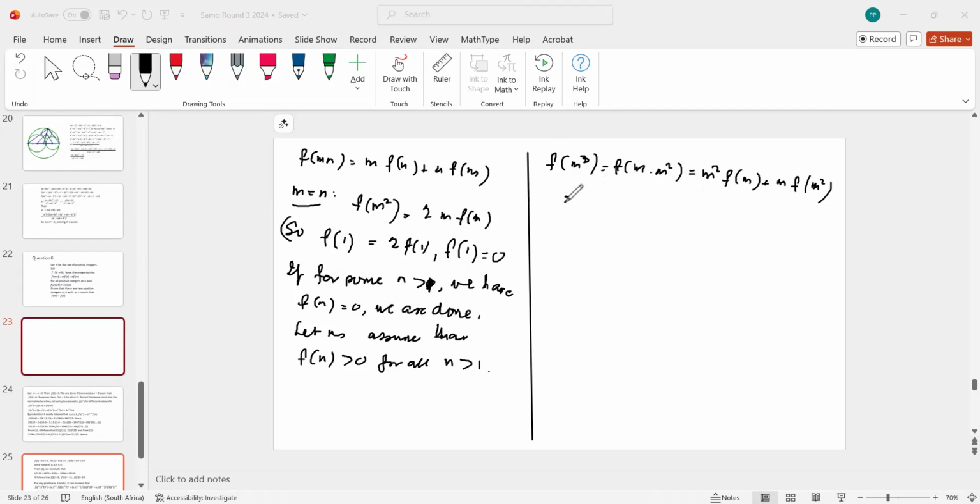Now, f of m squared we just saw was 2m f of m. So you got m squared f of m plus 2m squared f of m.